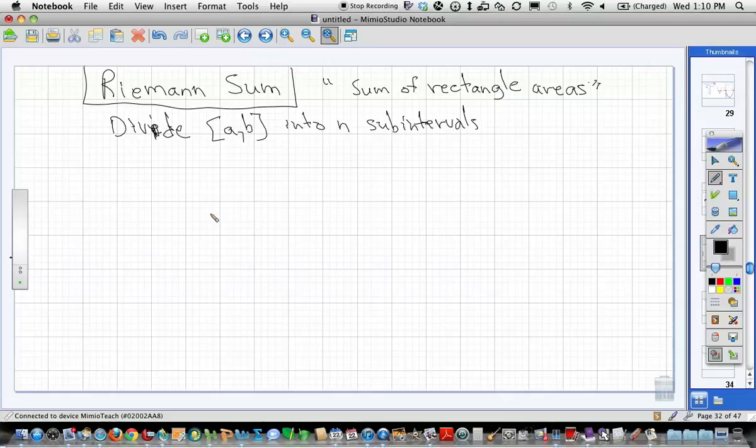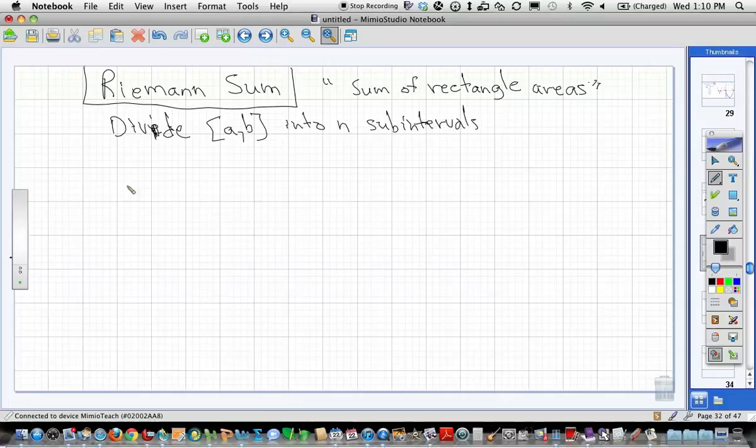If we look at this problem we had over here on the board from -2 to 2, we divided that into 4 subintervals. Now, it took 5 points to do it. If you think about that, -2, -1, 0, 1, and 2. That's 5 different x coordinates that broke it into 4 subintervals. So if we divide this into n subintervals, we're going to need n plus 1 sampling points.